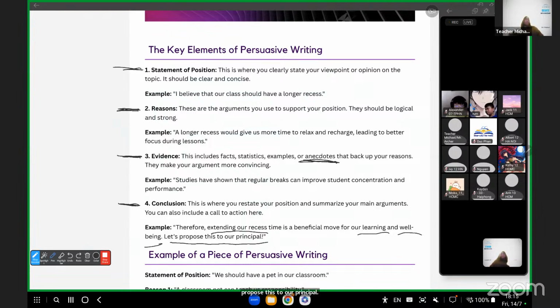So a call to action is where you ask your reader to do something. So do you need them to propose this idea to the principal? Do you need them to, I don't know, sign a petition to get something done that you want done? Whatever you need, you can make that your call to action.